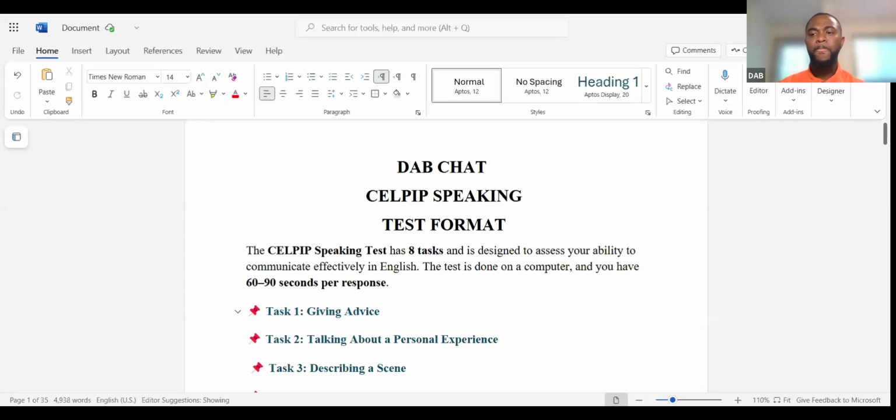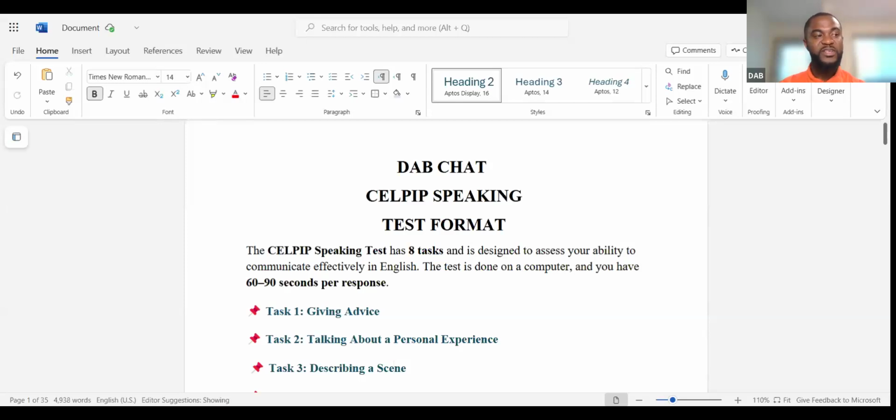Okay, so with the 8 tasks, we will be going through the tasks one after the other. The test is done on a computer. When you take IELTS, with the speaking you meet someone as if you're going for an interview, and the person asks you questions for you to answer.